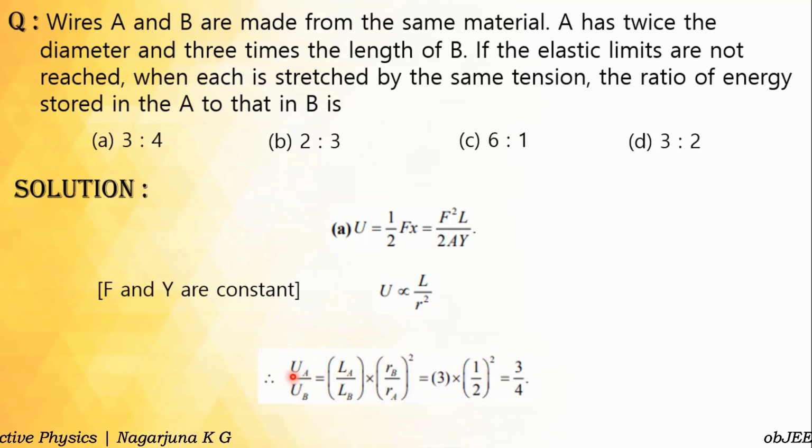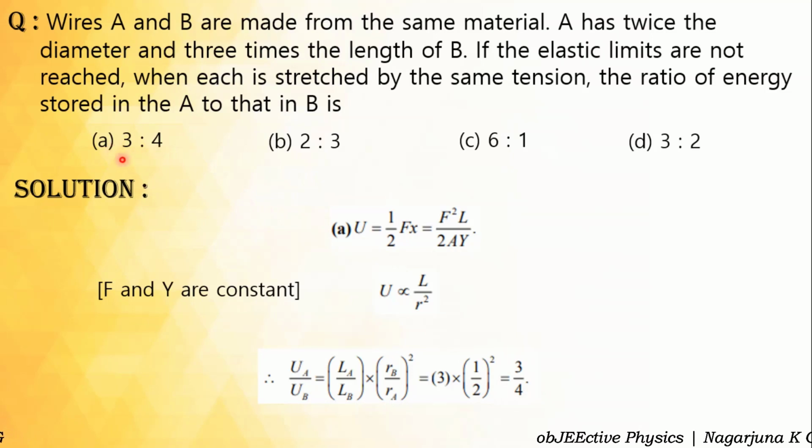Therefore, UA by UB is equal to LA by LB into RB by RA whole squared, that is equal to 3 into 1 by 2 whole squared, that is equal to 3 by 4. So option A is the right option.